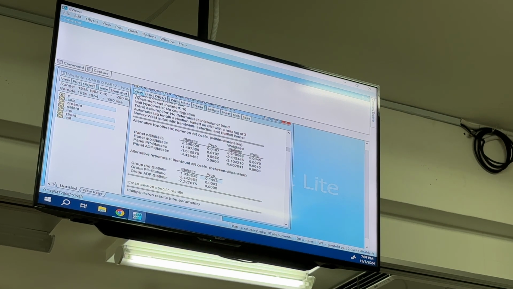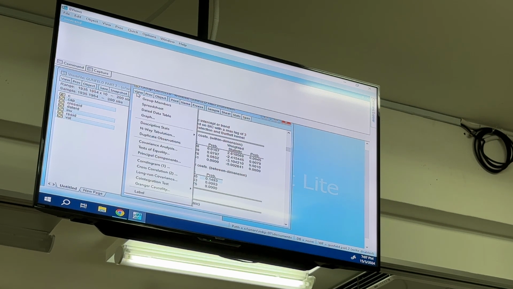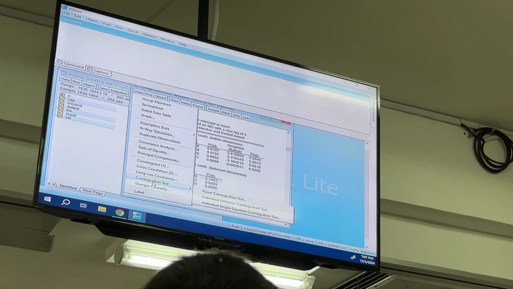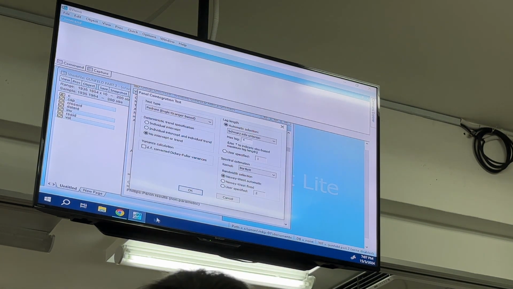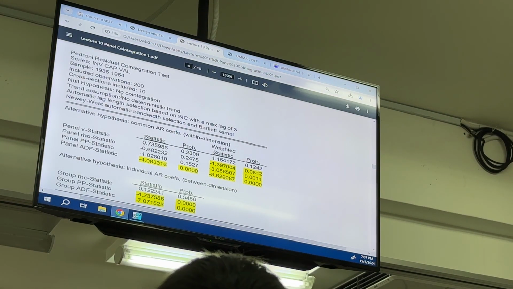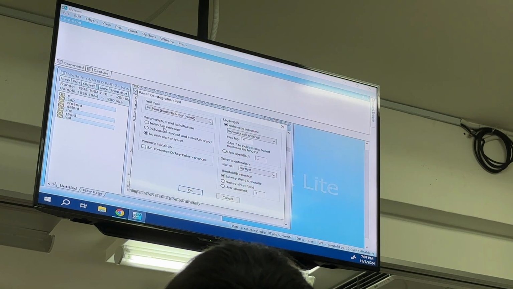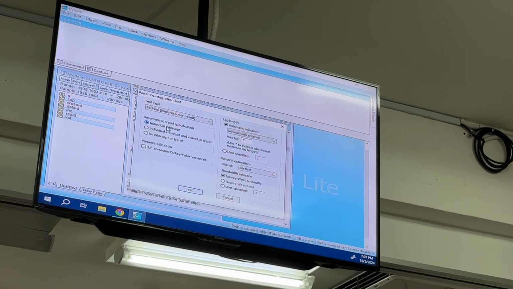So how about the statistic which is consistent with the lecture notes? You go to the cointegration test and then check the box intercept and no trend, right? So no trend, but with the intercept. This is the first case, to check whether there is a cointegration with the intercept or not.